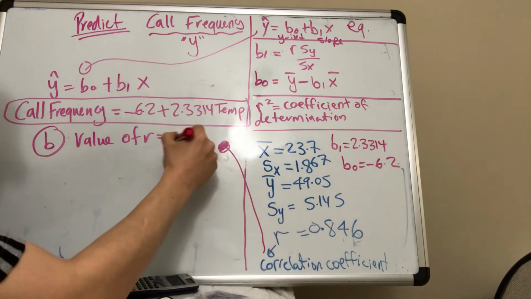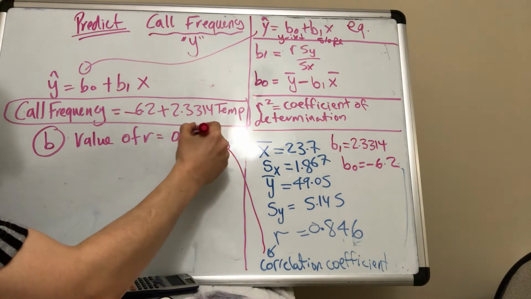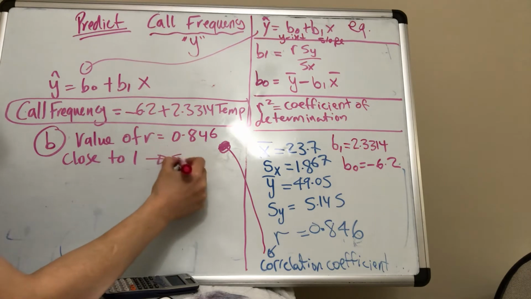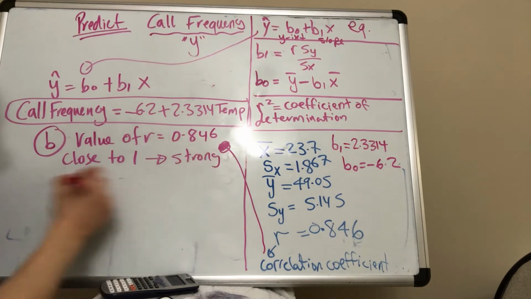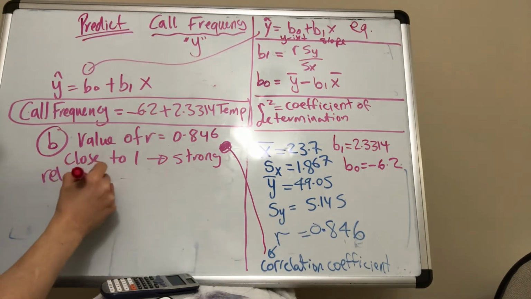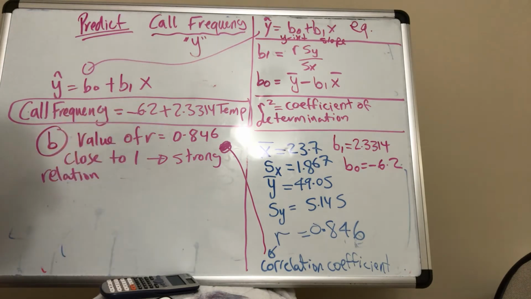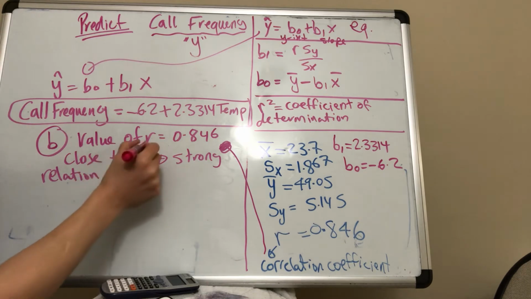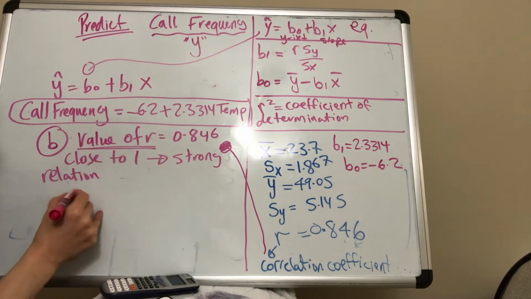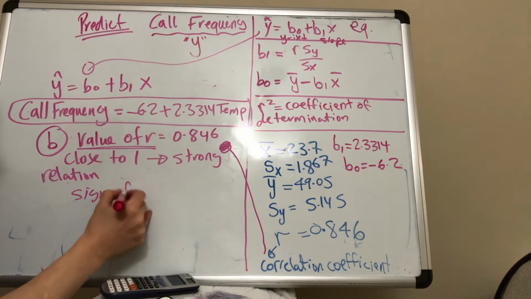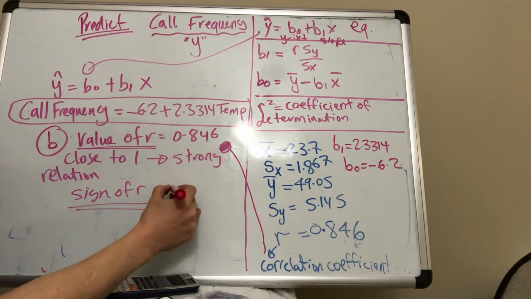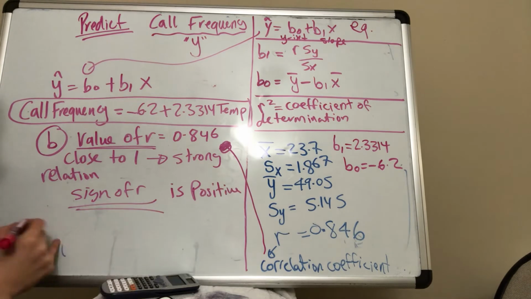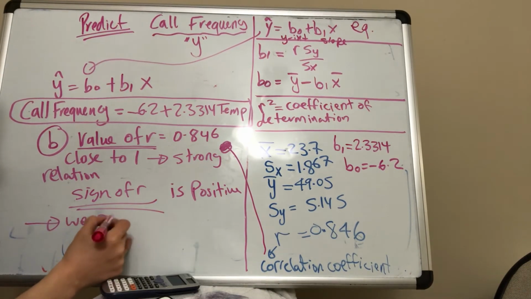The value here is .846, close to 1. So we have a strong relation between frequency and temperature. And then you look at the sign of R. R is positive. That means that we have a positive relation.